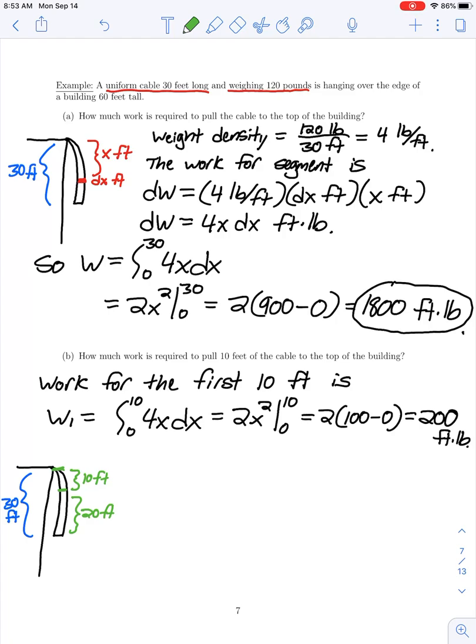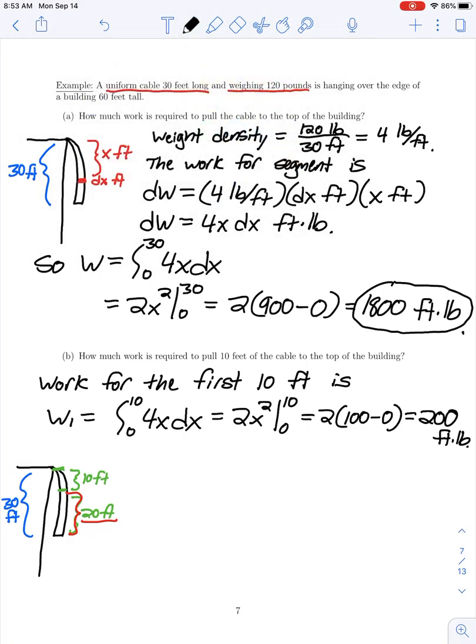So we can't neglect the work required to lift that bottom section of rope. So what we can do here is think about this bottom 20-foot section of rope as like a bucket of rocks, which is hanging off the initial 10 feet of our cable, and we need to find the work required for that bottom 20 feet.